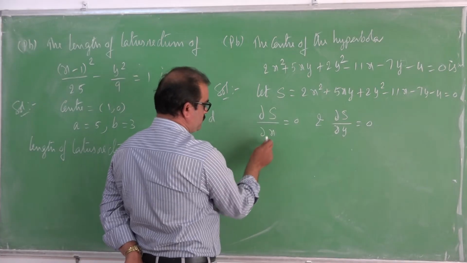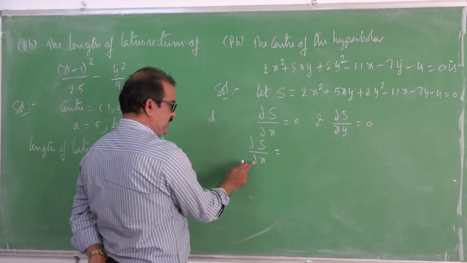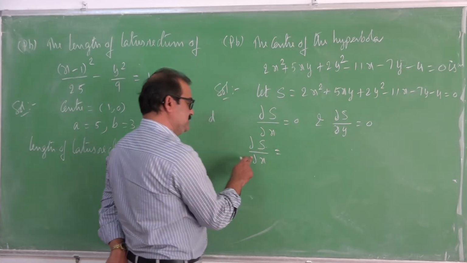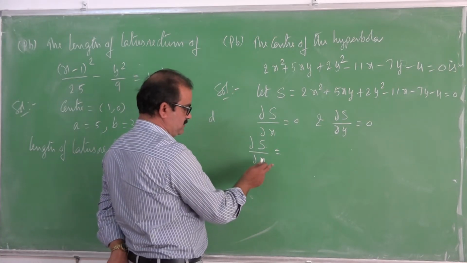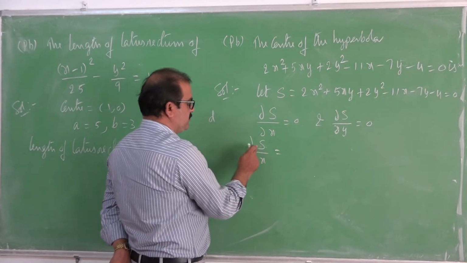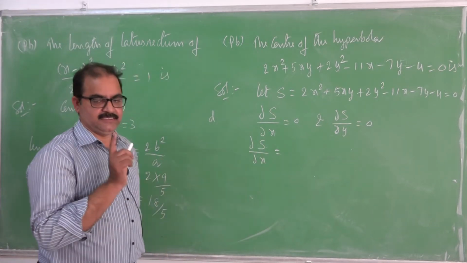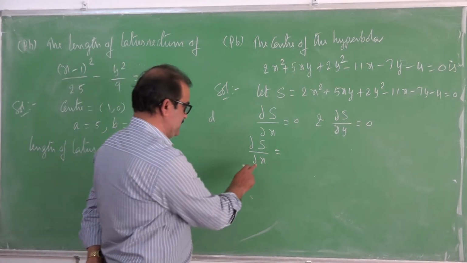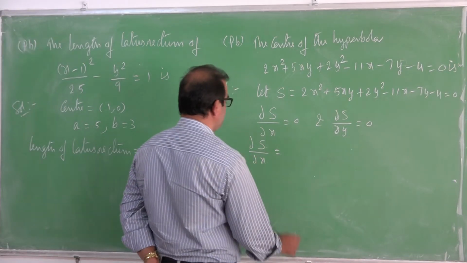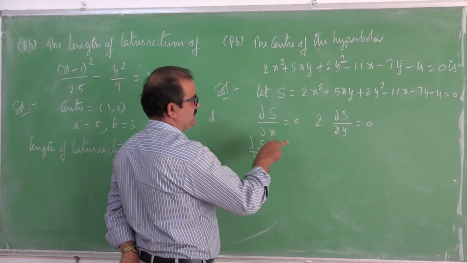Now we observe how to find dou s by dou x. Dou s by dou x means partial derivative of s with respect to x. This is same as derivative, but the difference between ordinary derivative and partial derivative is, if we differentiate with respect to x partially, x is taken as variable only, and remaining all are taken as constant terms.